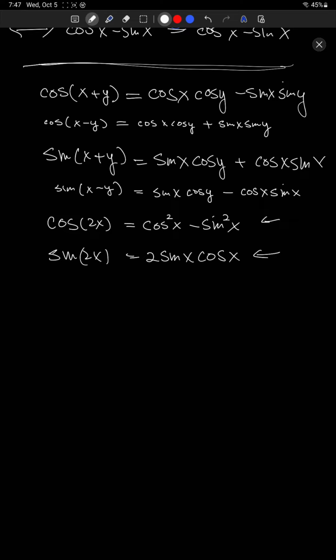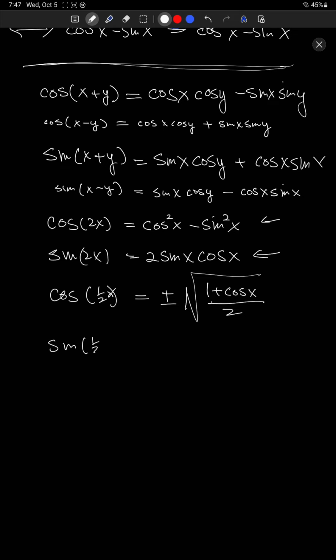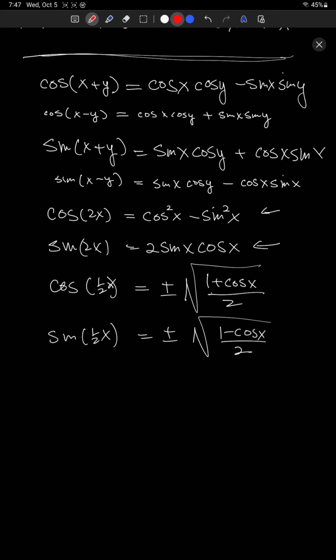And then we have the half angle formulas. So cosine of 1/2 x is equal to plus or minus square root of 1 plus cosine of x, over 2. And then sine of 1/2 x equals plus or minus square root of 1 minus cosine x, over 2.